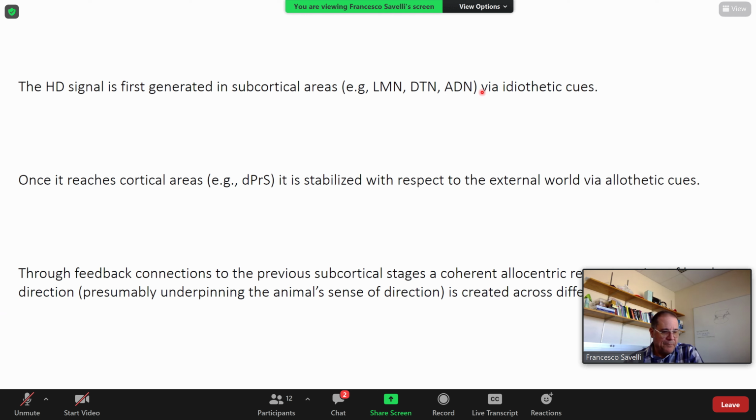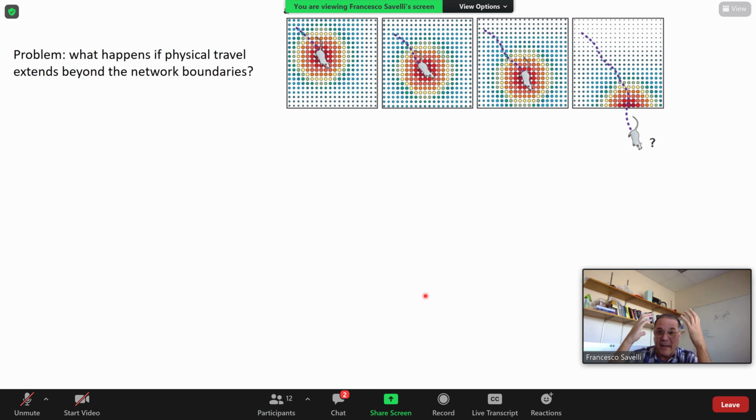At some point it should fall off that sheet of neurons, right? You only have so many neurons, so whatever system works is going to have that limit. So how would the system work?